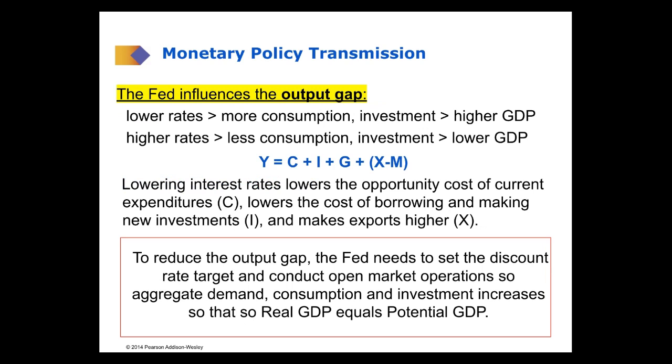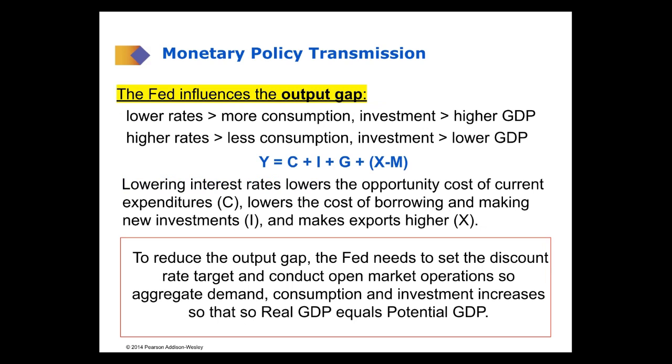Now, they're also worried about the output gap. That's the second monetary policy objective they have, which is to maximize output, maximize production, make sure that real GDP is as close as possible to potential GDP. And it's a similar type of situation.